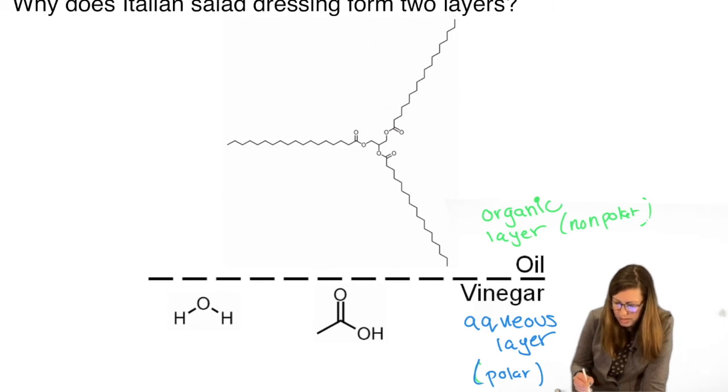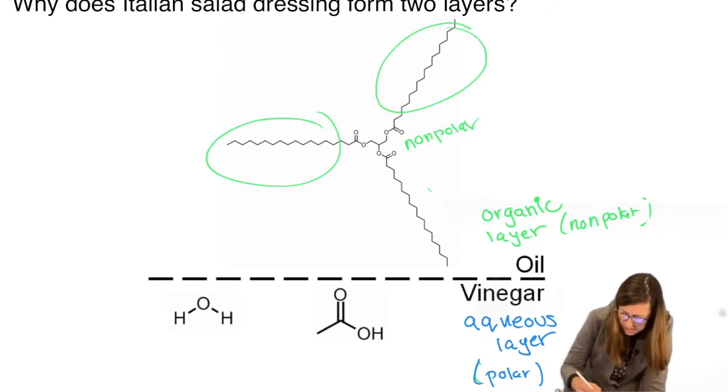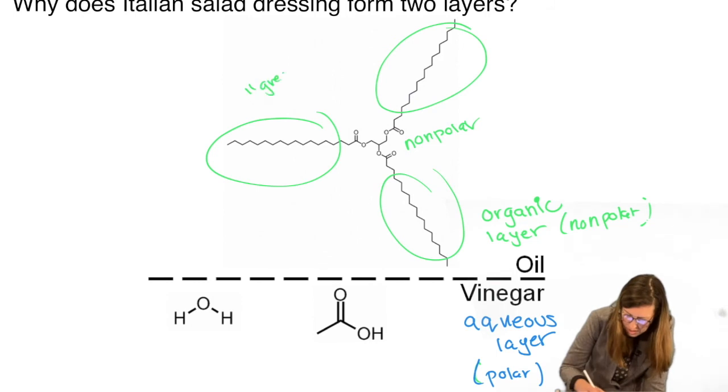Big, long, greasy hydrocarbon chains. Yes, there's some polar bonds, but those effects are far minimized by the large number of hydrocarbons, which is why we call these sort of greasy hydrocarbon chains. So this is nonpolar, thanks to these greasy hydrocarbon, nonpolar chains.